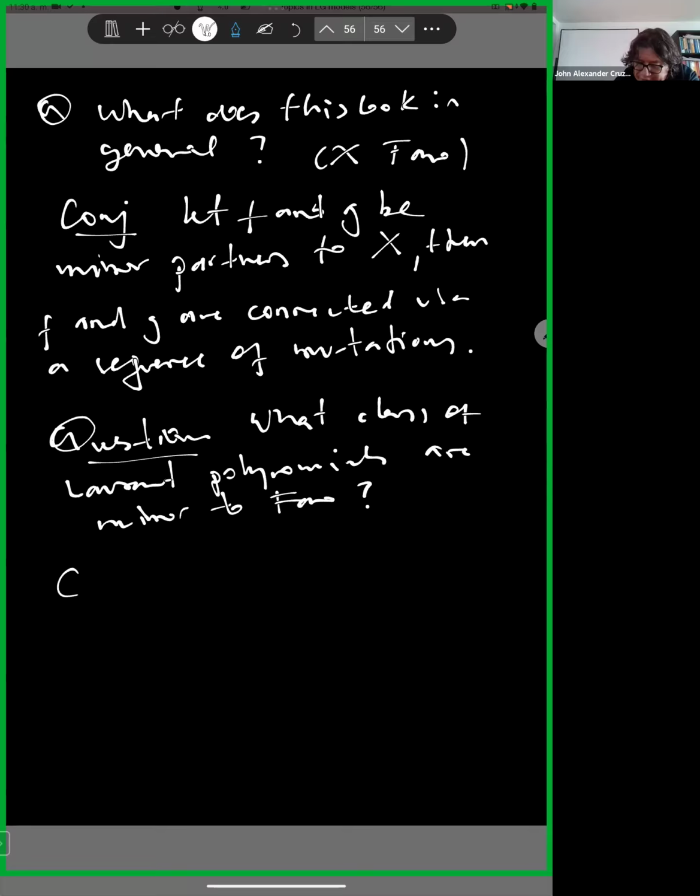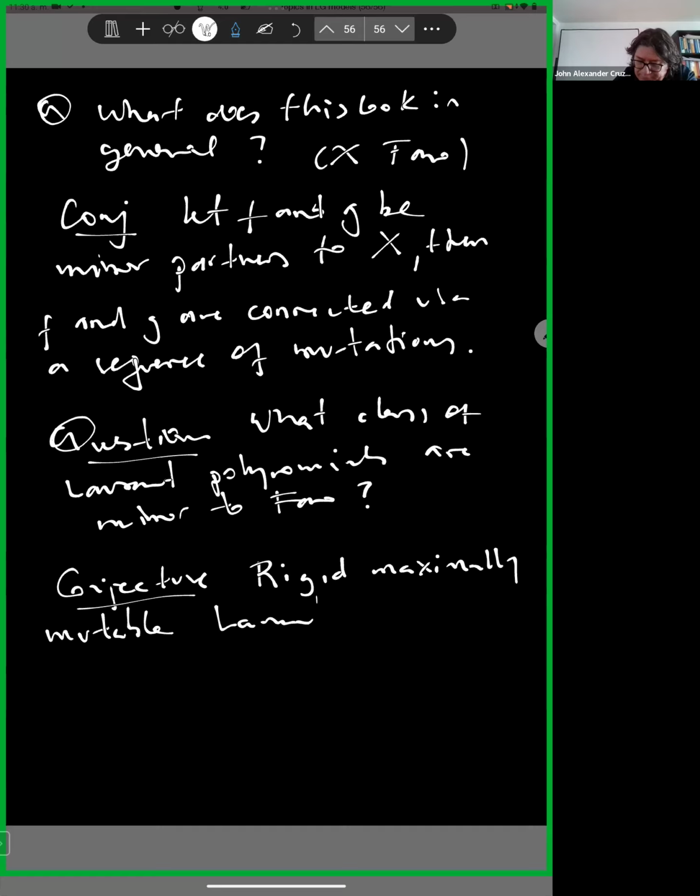The question is some conjecture by Coates and his collaborators. The answer will be rigid, maximally mutable Laurent polynomials, right?